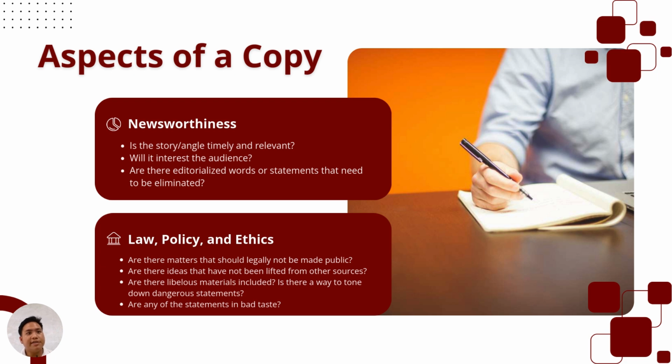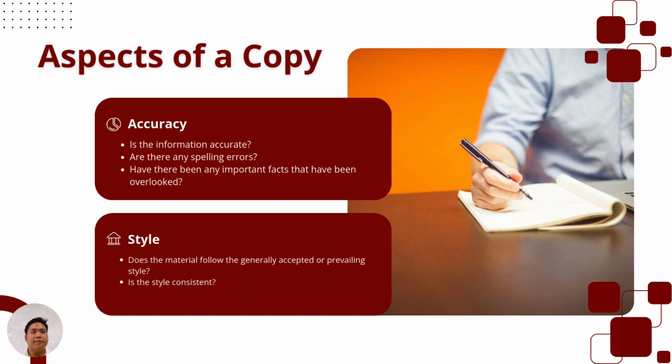Are there libelous materials included? Is there a way to tone down dangerous statements? And are any of the statements in bad taste? Any content that is potentially dangerous may be revised or removed to ensure that the copy is appropriate and responsible.